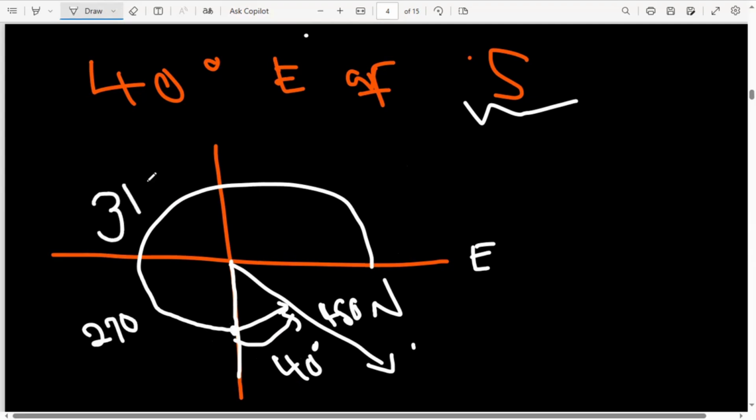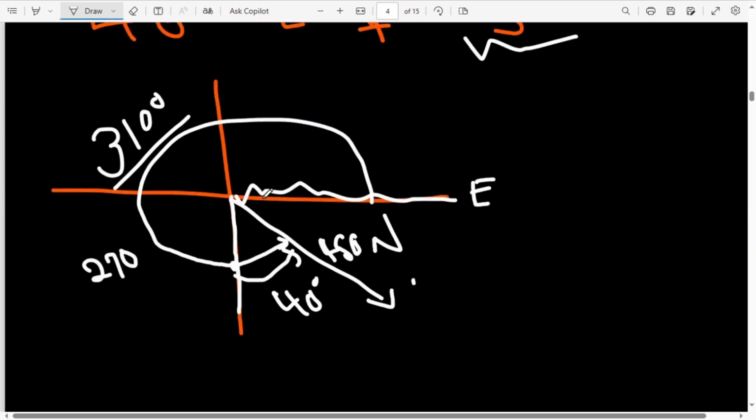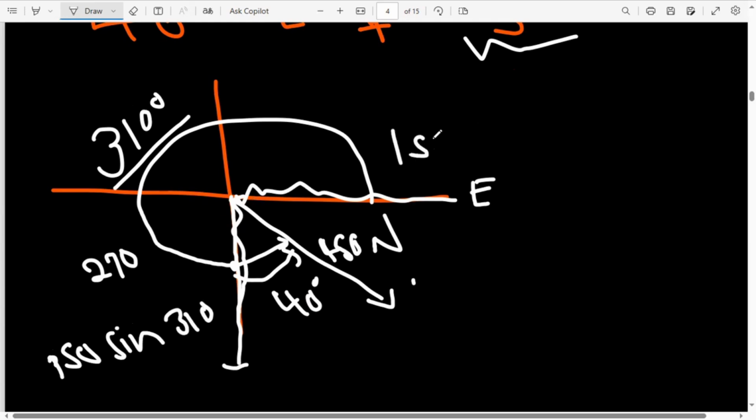So in resolving our components, we are going to be using this 310. We have the x component, which goes like that, and the y component, which goes like that. The y component will be 150 sine 310, and the x component will be 150 cos 310.